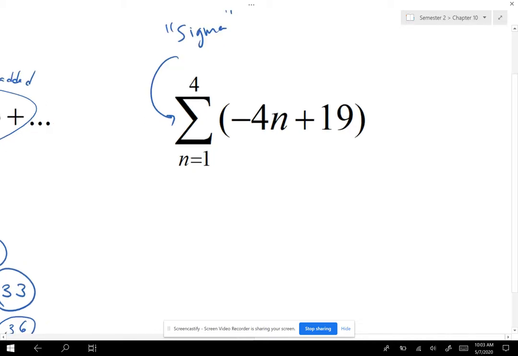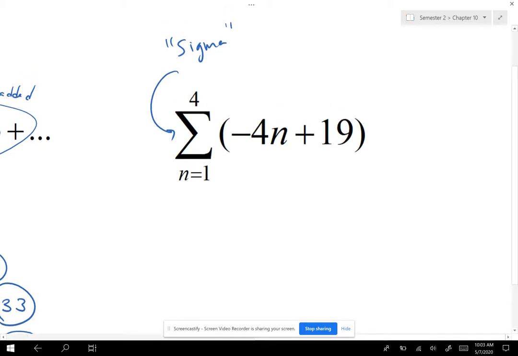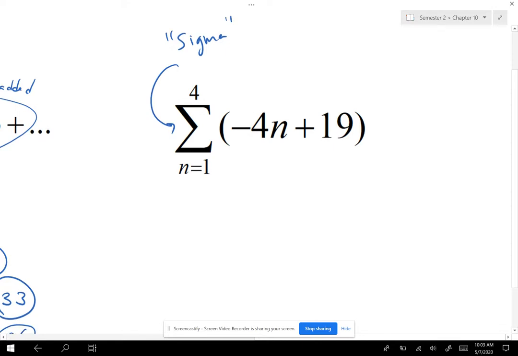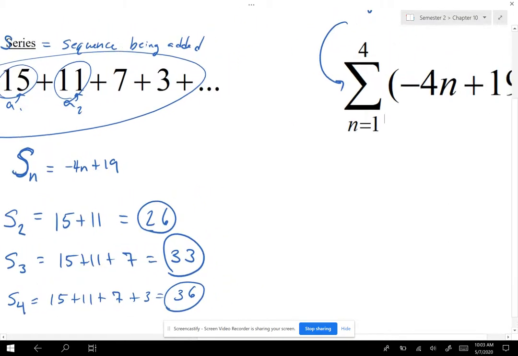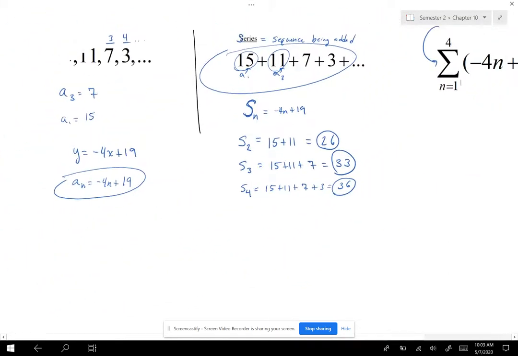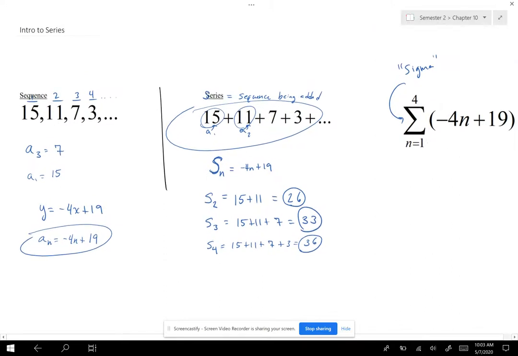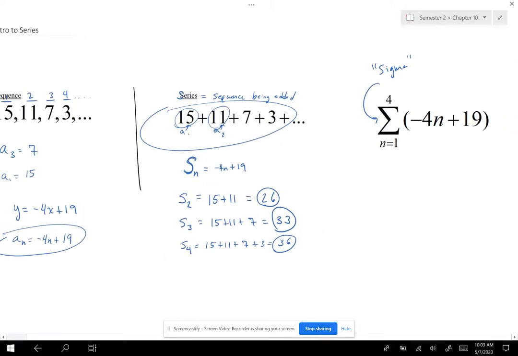So anyway, this is sigma notation. With sigma notation, what they're saying is to find the sum of a certain number of numbers in this equation. Why does that equation look familiar? Because it's literally what our equation was in the sequence earlier. Notice they just write the expression part over here.